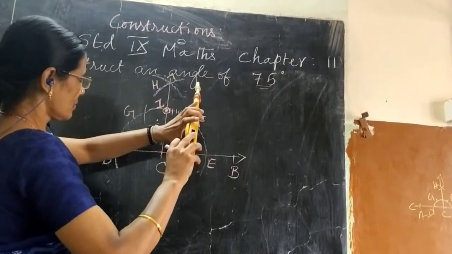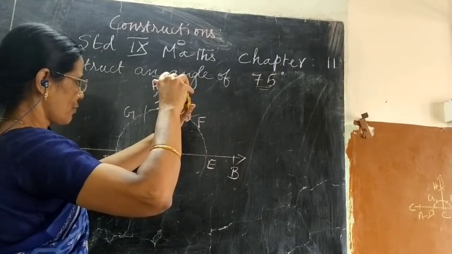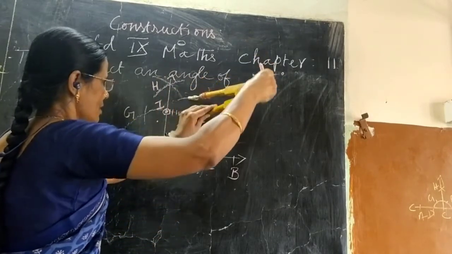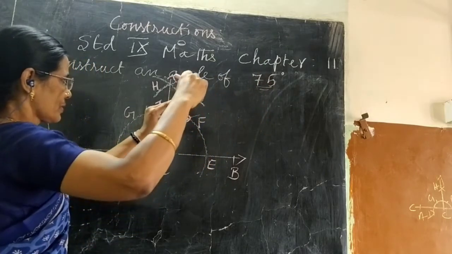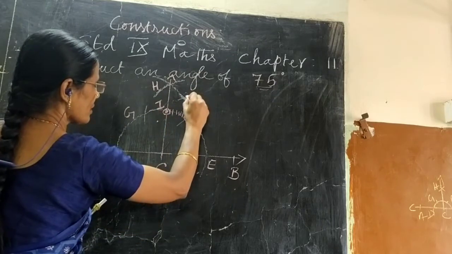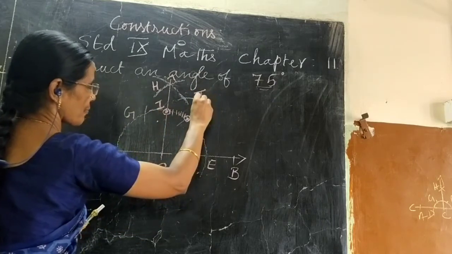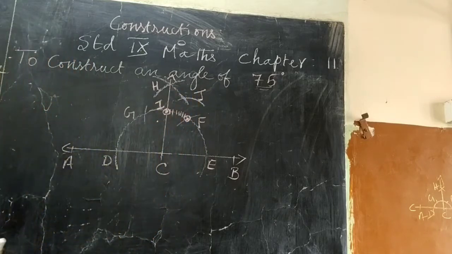So F center, any radius more than half of FI. Arcs are drawn. I center with the same radius. So this point I take it as J. So we are going to draw a ray through CJ.